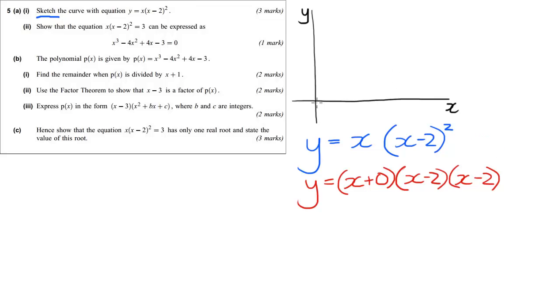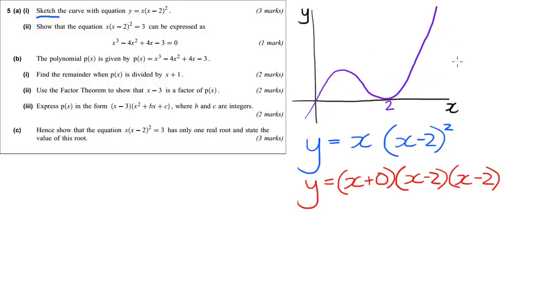So let's get rid of that and see if I can sketch this. So up through 0 and then back down, and it's going to just flick the x-axis and then go upwards to infinity. So something like that, where obviously this point here is the origin, that's 0, and this point here is going to be x is equal to 2.